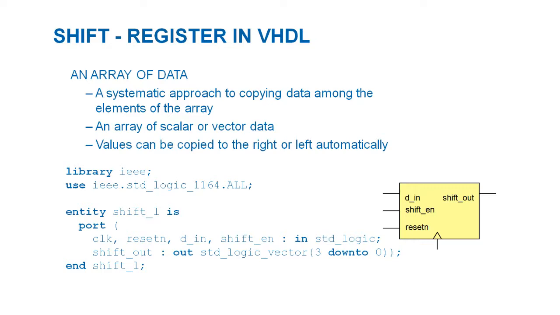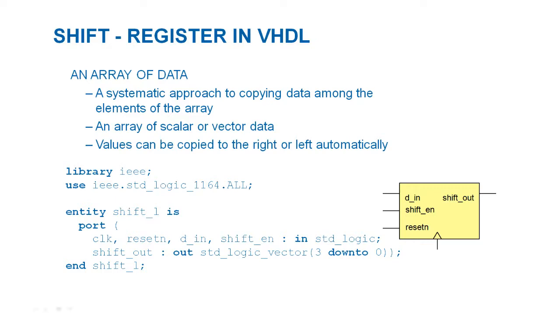To do this is very simple, because you need to know what constructs are available in VHDL that can assist you. This can be done for a bit vector, and it can also be done for an array of integers, or an array of bit vectors. So now let us focus on the simple case of bit vectors. Let us assume that there are only 4 bits in this bit vector.